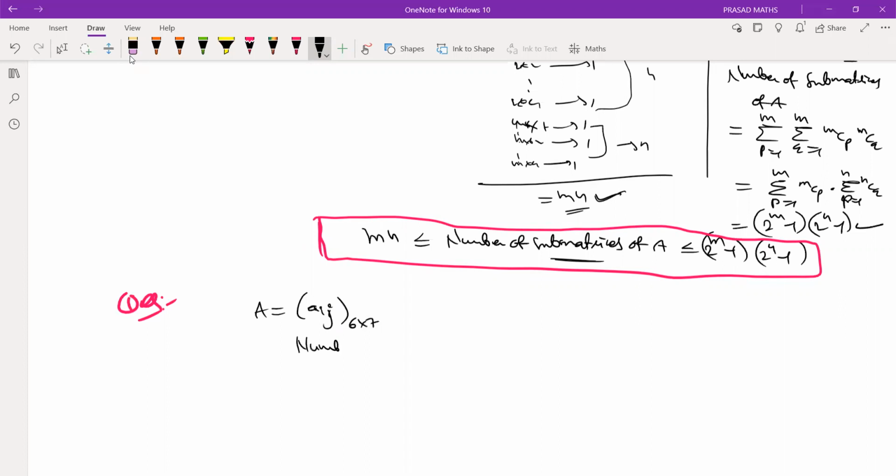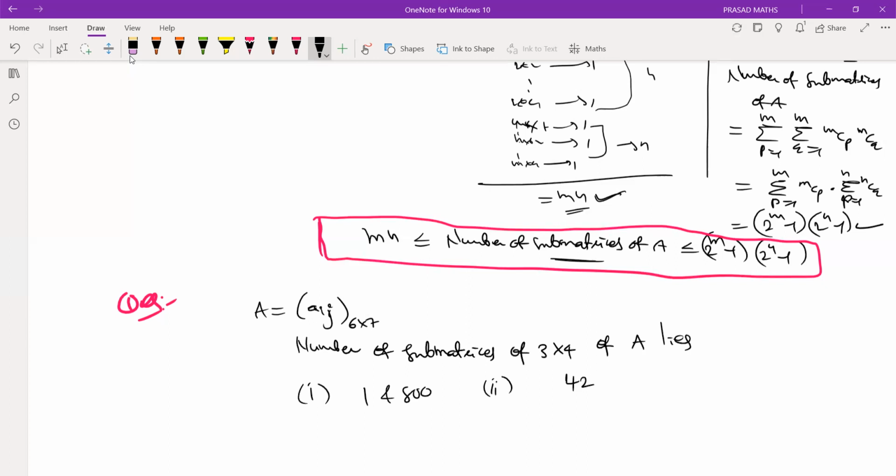The number of submatrices of order 3 by 4 of A lies between: option A, 1 to 800; option B, 42 to 900; option C, 1 to 700; option D, 12 to 42.